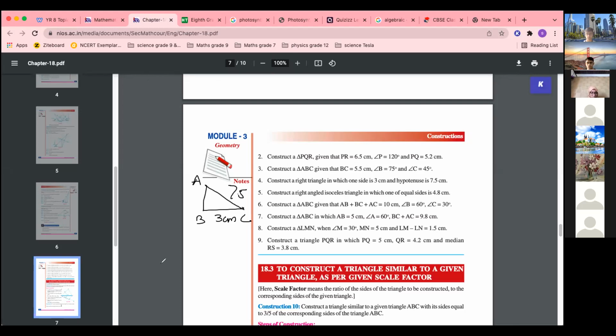Okay, Farhana, will you try? Yes, ma'am. Ma'am, we'll make the base BC. Yeah, BC. And then we'll draw 60 degrees, like an arc. Okay. An arc, and then we'll cut it. Then we'll cut for 120.